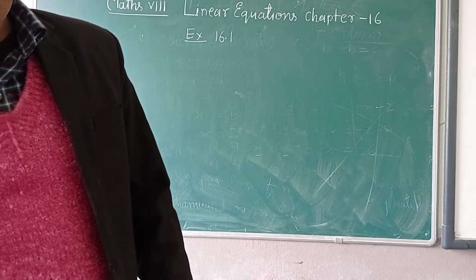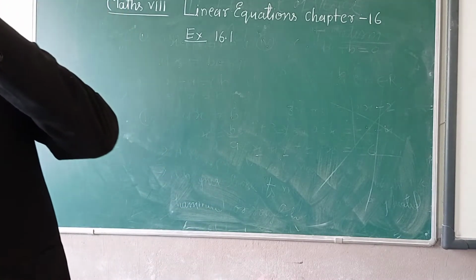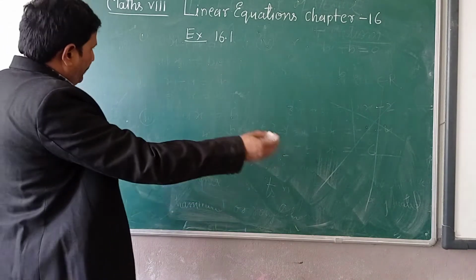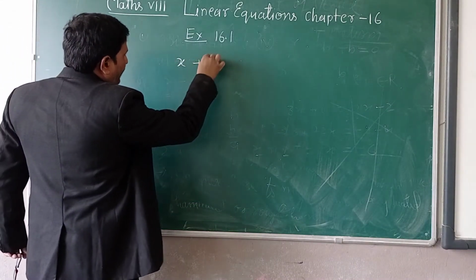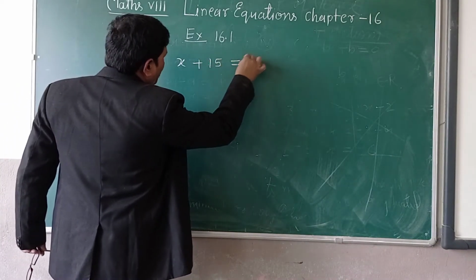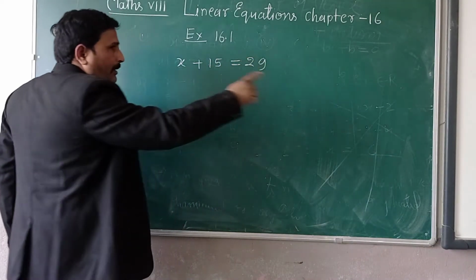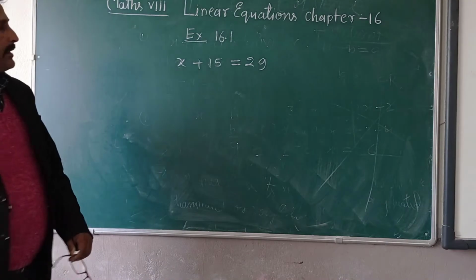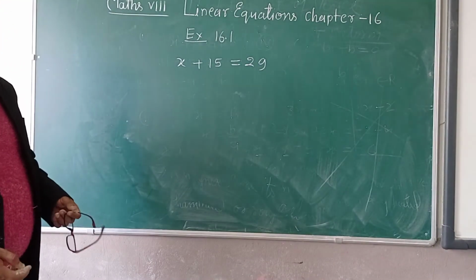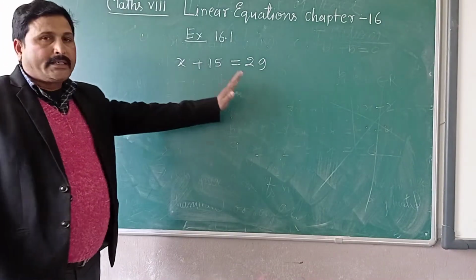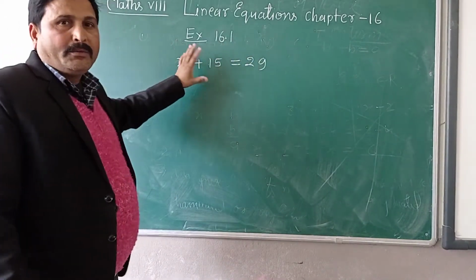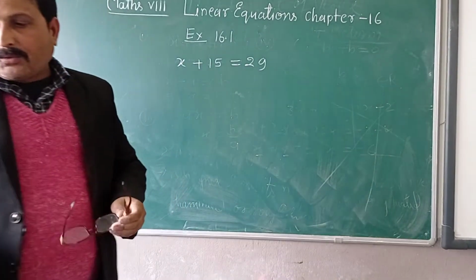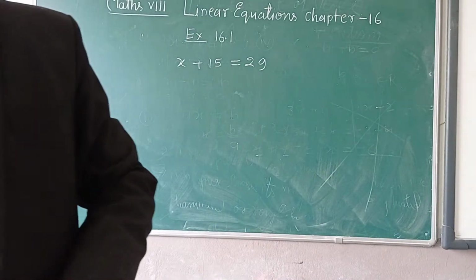The sum of number x and 15 is equal to 29. That's it. You have to make the equation. If a statement is given, you have to write it mathematically with the help of symbols.